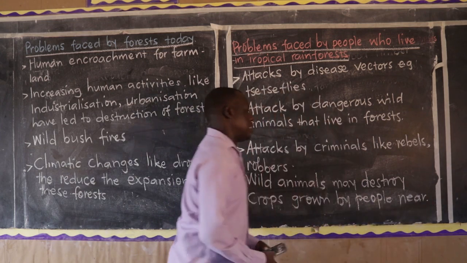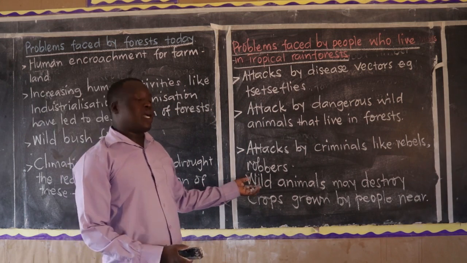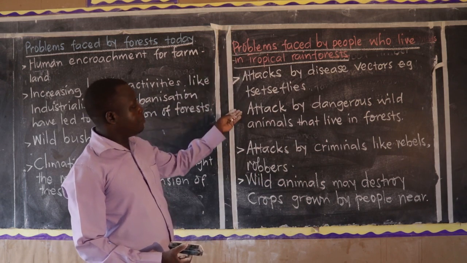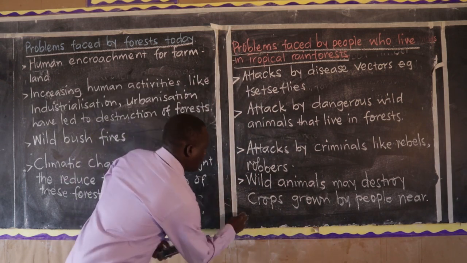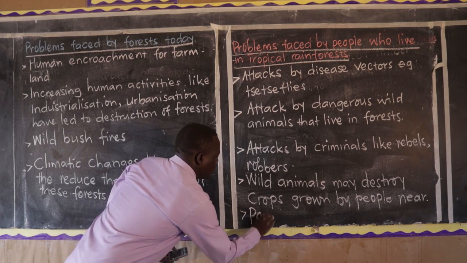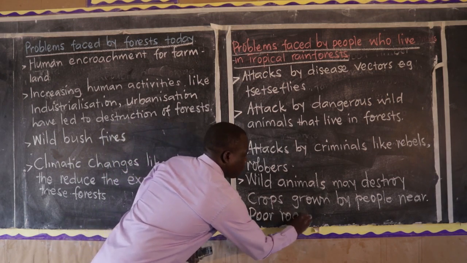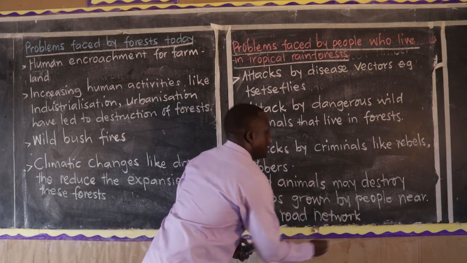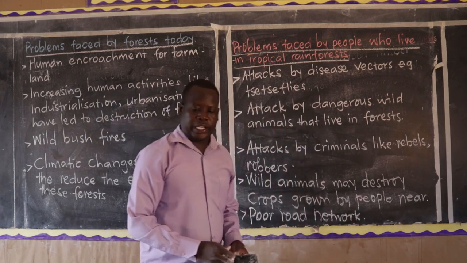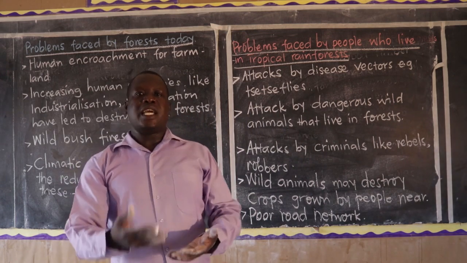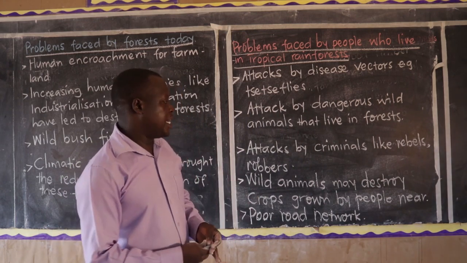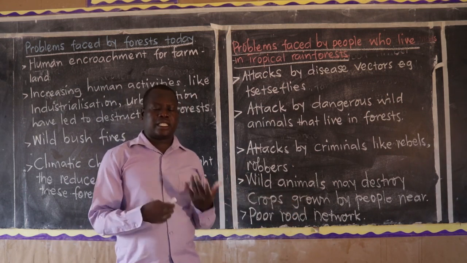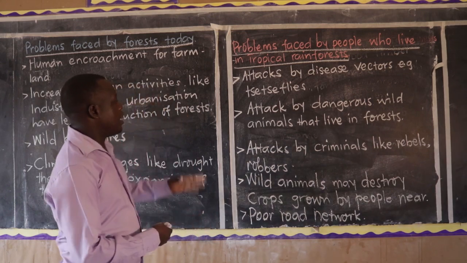So those people who live near, you can grow your crops, but wild animals may come in and destroy them. So these are some of the problems faced by people there. And finally, there is poor road network due to soggy soils. The soils are so soft that it is very difficult to construct roads in such areas. I think for today we have got that.